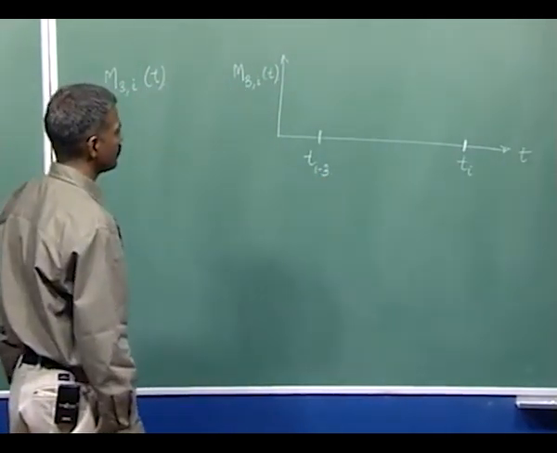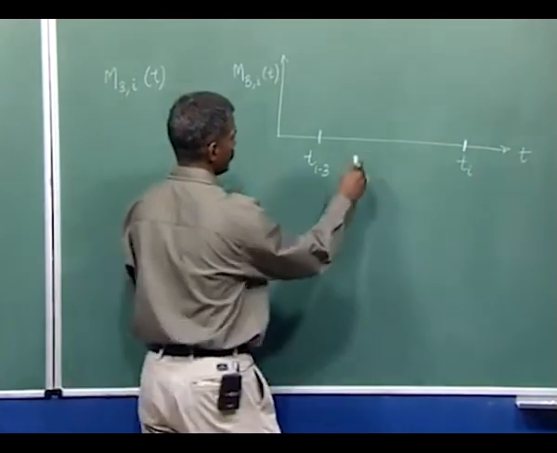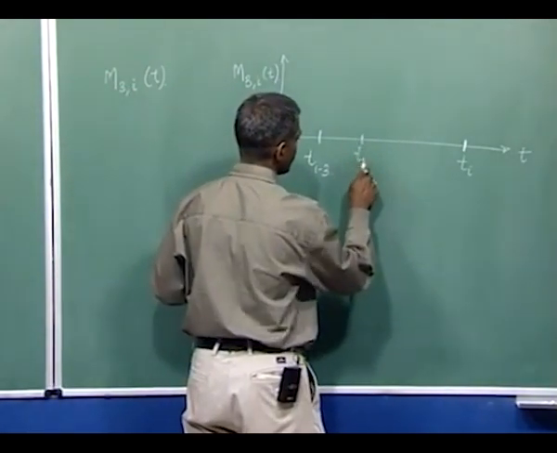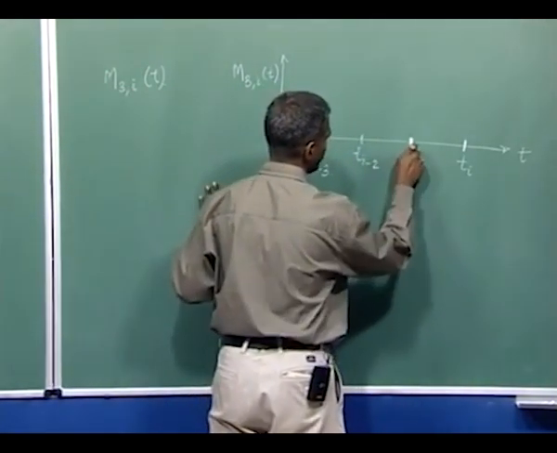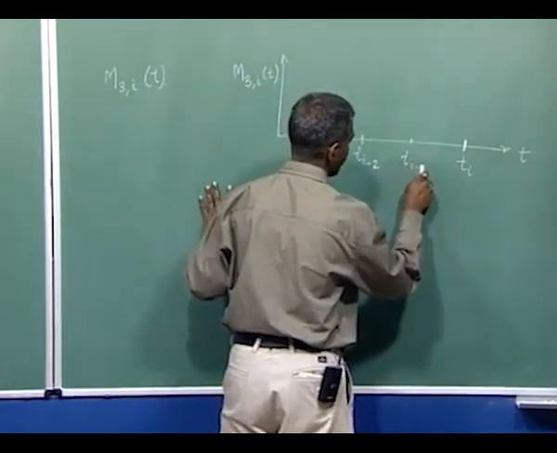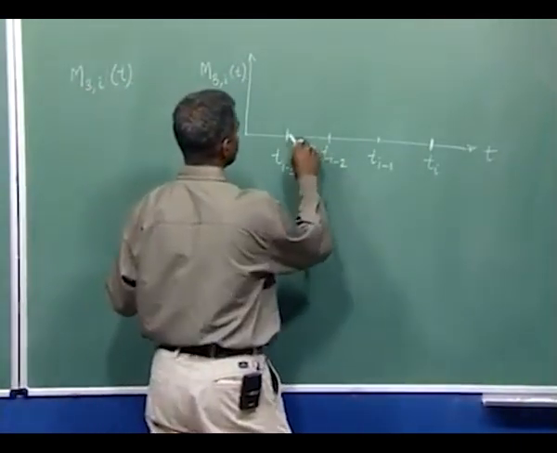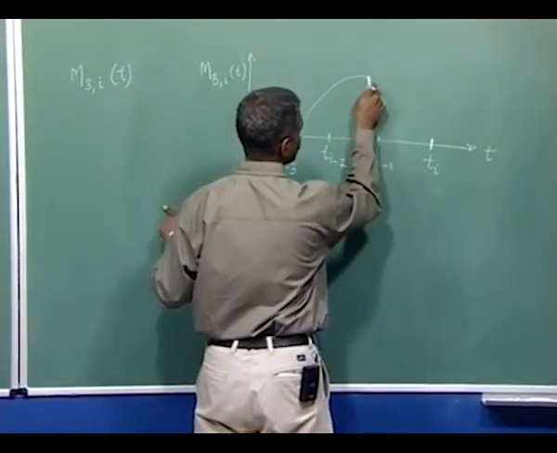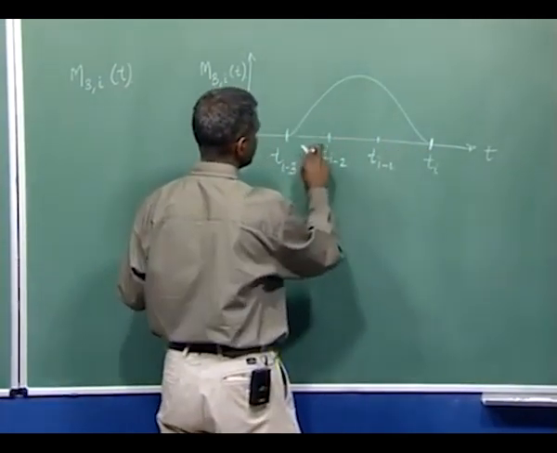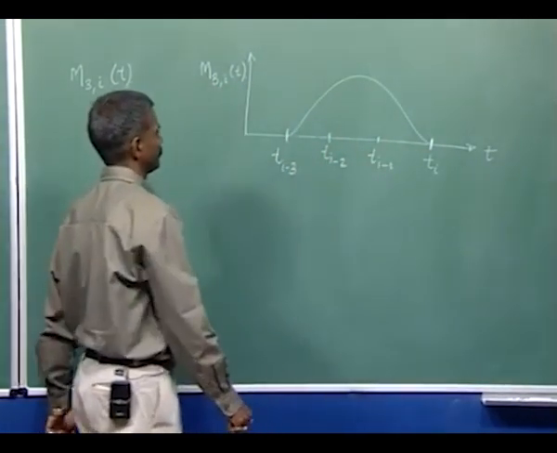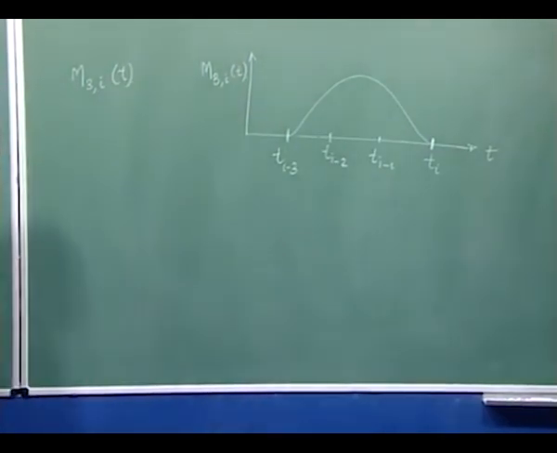How about the intermediate knots? We'll have t_(i-2) and then t_(i-1). And your quadratic spline will be standing over these 3 knot spans. It's not very difficult to understand. Let's try a difficult one.